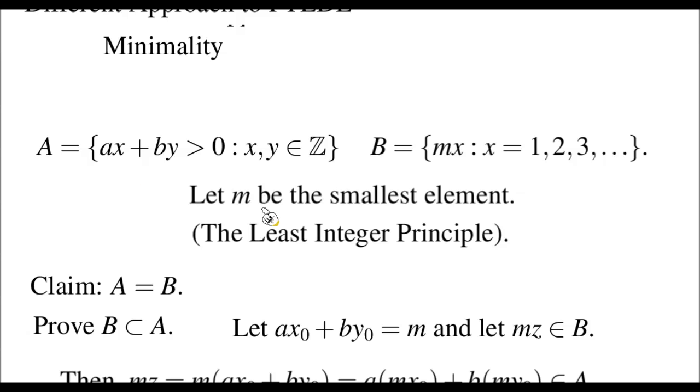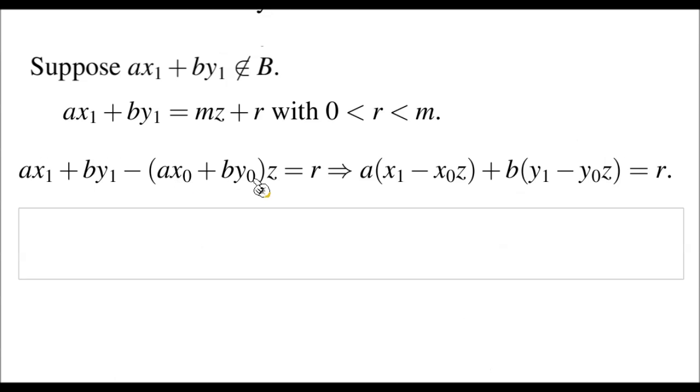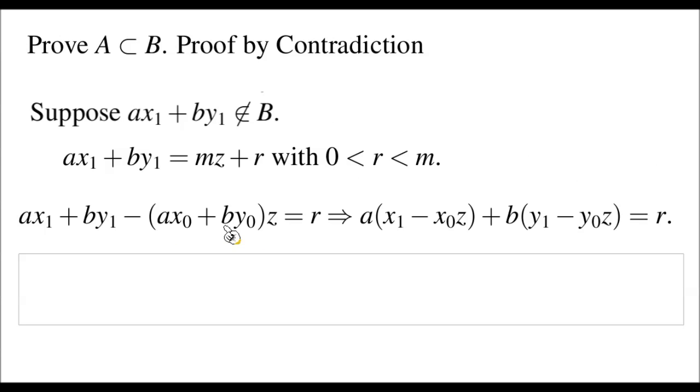M was the smallest element of A, so it looks like A times X something, so I call it X0 and Y0. That's why it looks like this. M is replaced by that. I adjust it a little bit. So the whole thing can now be written as a combination of A and B. So A here, everything's factored out, and B is there, and these two terms, everything factored out. It looks like this, and the right-hand side is R.